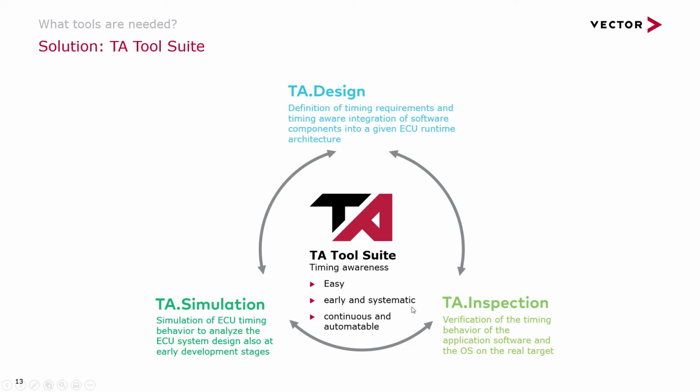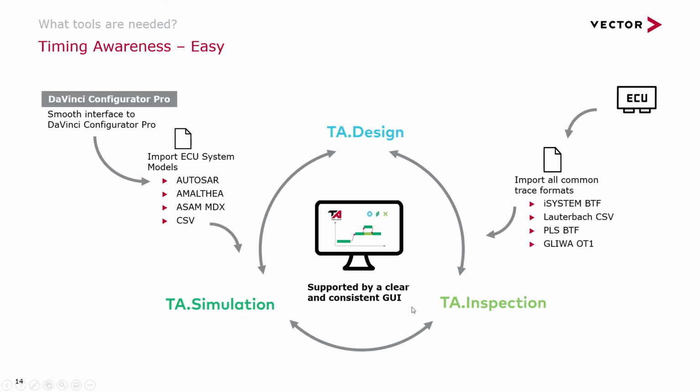So how do we get there? First of all, the first input format that is required for design and for simulation is a model in the TA tool suite. You can model from scratch. If you have a very complex AUTOSAR system, however, I would recommend you to better use the import. So you can use the ECU and system description and import it to the TA tool suite to get to a model.